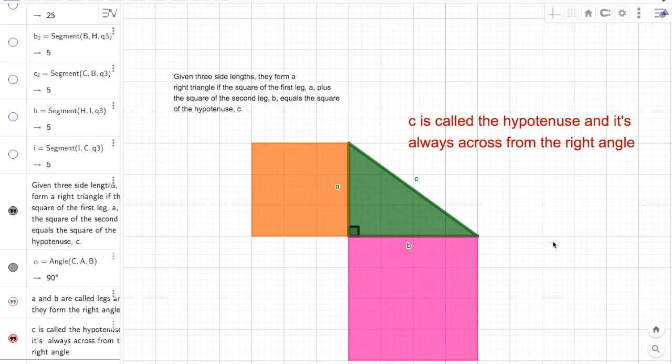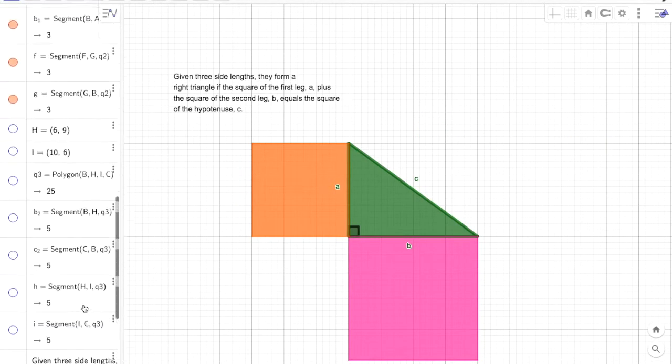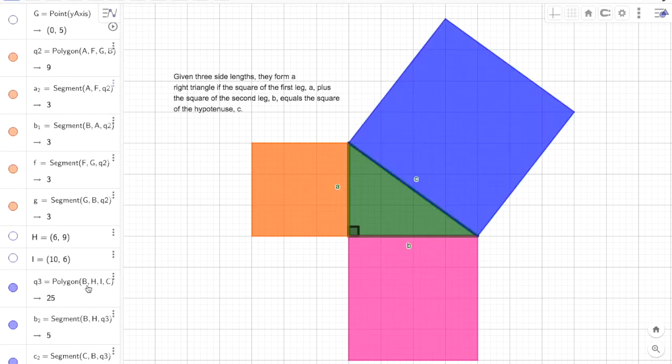That's the name of it. This is also the longest side length. It will always be the longest side length. Let's build our last square here. As you can tell, it's also the biggest square. You can visualize that.